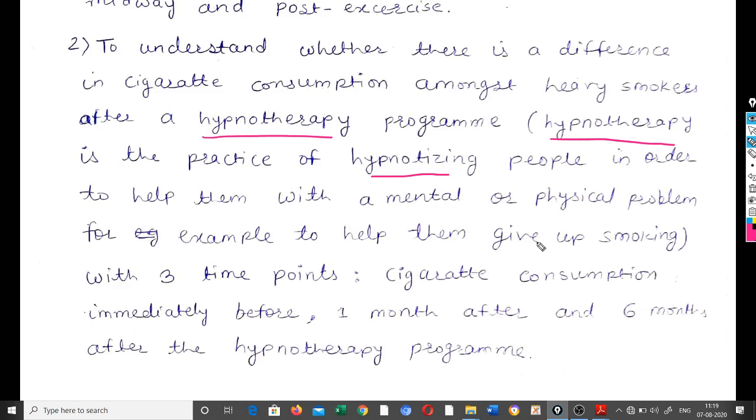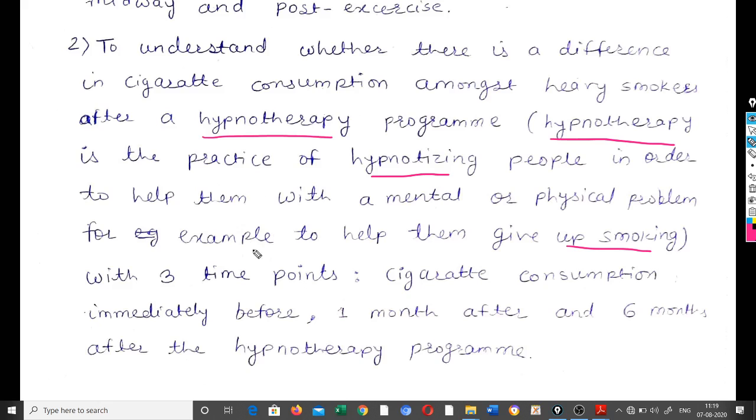For example, to help them give up smoking. So this is one program where people help people to give up smoking.